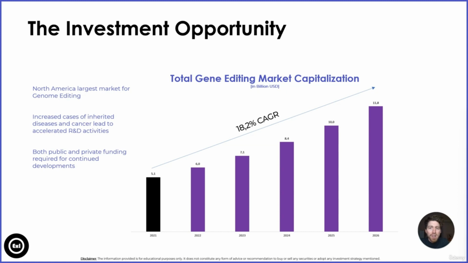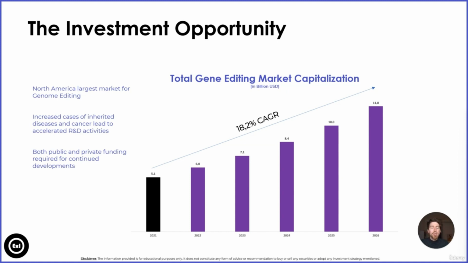Before investing in gene editing companies, just some things to consider here. At the moment, North America is the largest market for genome editing, both the US and China, but the US even more with their research institutions, especially on the West Coast in California, and on the East Coast in the Boston, Massachusetts area.